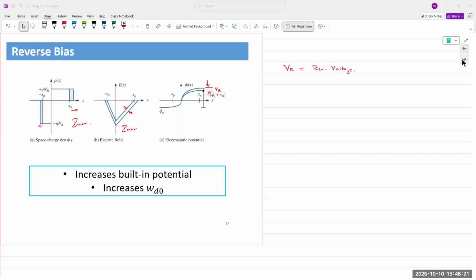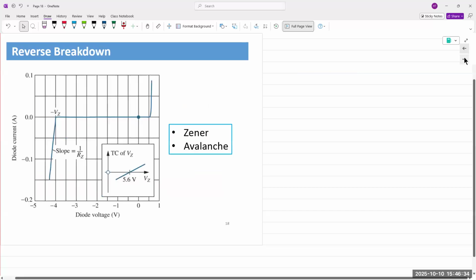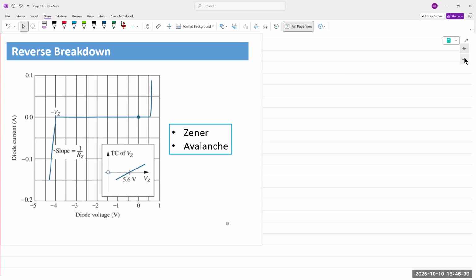And at some point, that electric field is going to impart some energy to the fixed-in-place electrons and atoms. And when that happens, after a certain point, it results in breakdown of that junction.